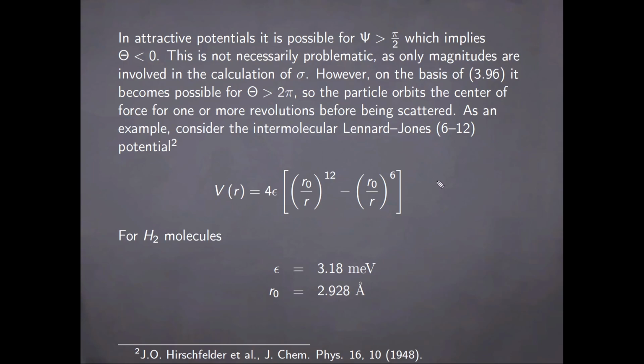So in any case, we will study this potential with the parametrization here, which is the standard parametrization found in the literature for hydrogen molecules. So you see this potential has two parts: a repulsive core and an attractive component that is of a longer range.